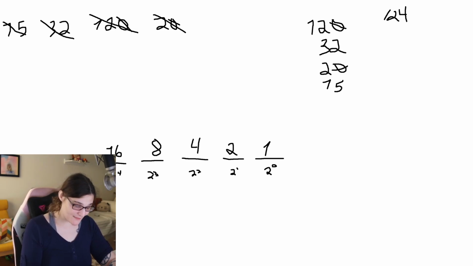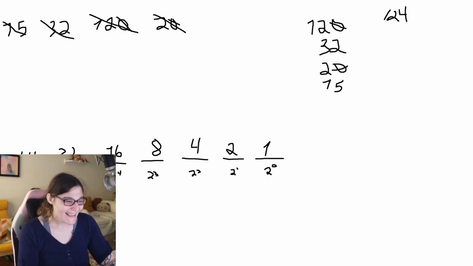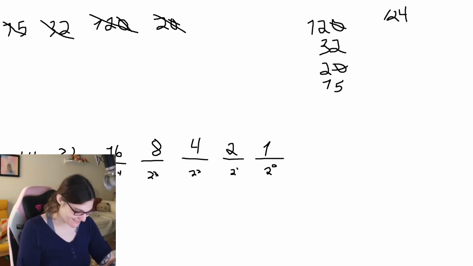And 2 to the 5th, 32. 2 to the 6th, 64. 2 to the 7th would be 128. I'm not at all looking at a cheat sheet because I can't remember the basic math. And then 2 to the 8th would be 256.